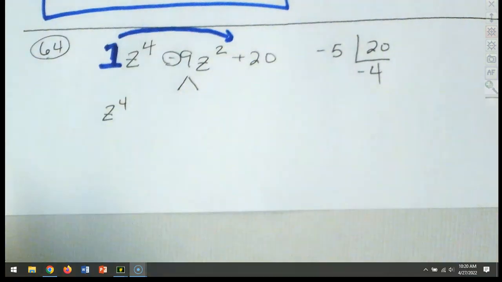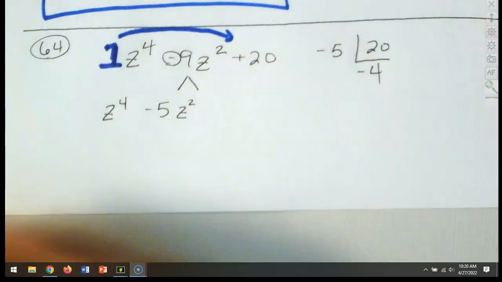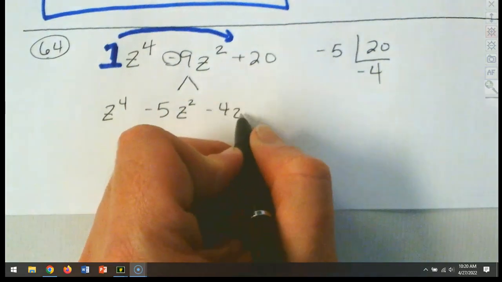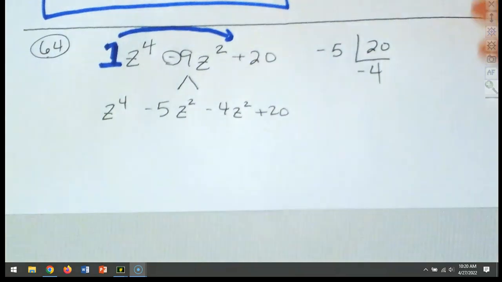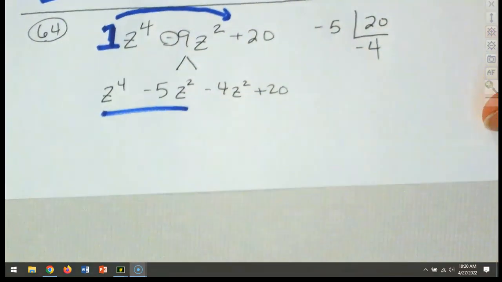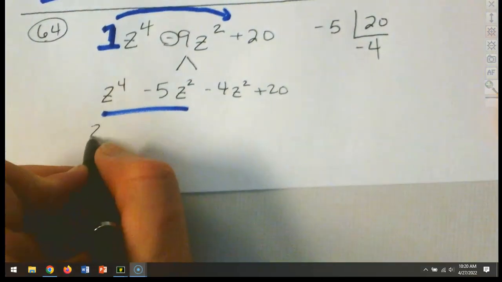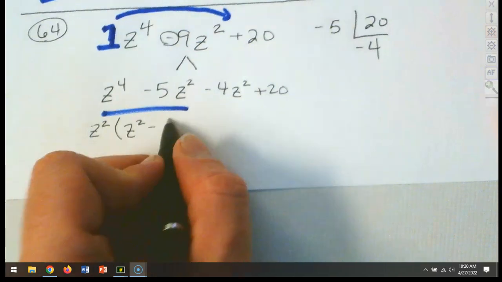So now we've got z to the 4th. We've got a minus 5z squared. We've got a minus 4z squared. And we've got a 20. Okay. Looks like z squared comes out. And that leaves you with a z squared minus 5.